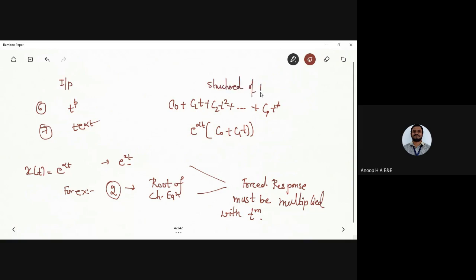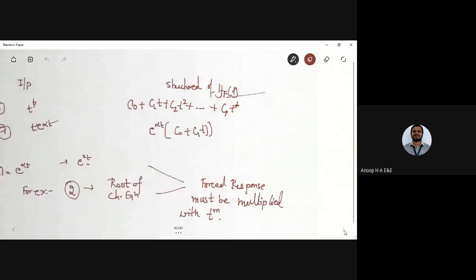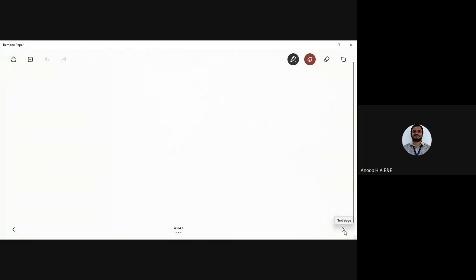Got it? So this is how we are going to find out different structures of the forced response and also the natural response, and together we take them into consideration, and we are going to find the total response of the system. Let us solve a simple problem based on this.